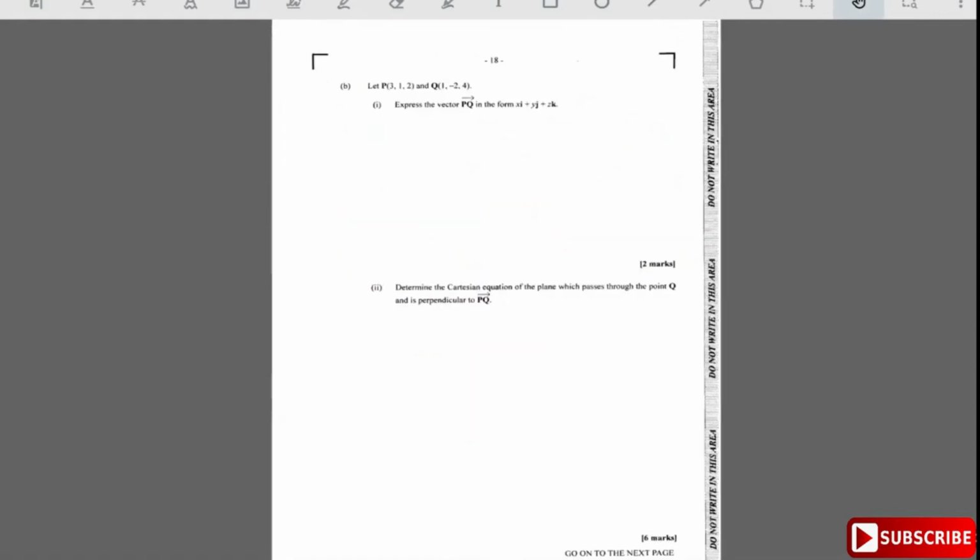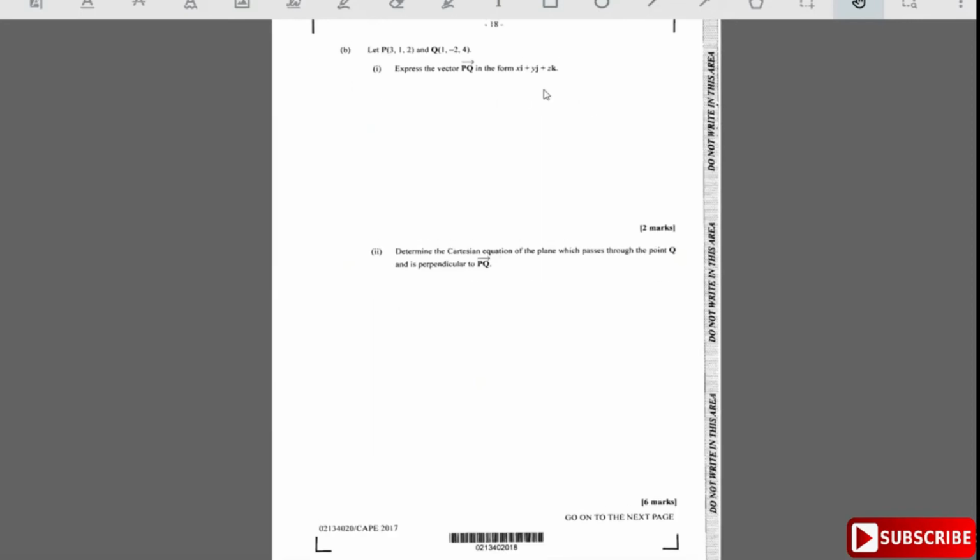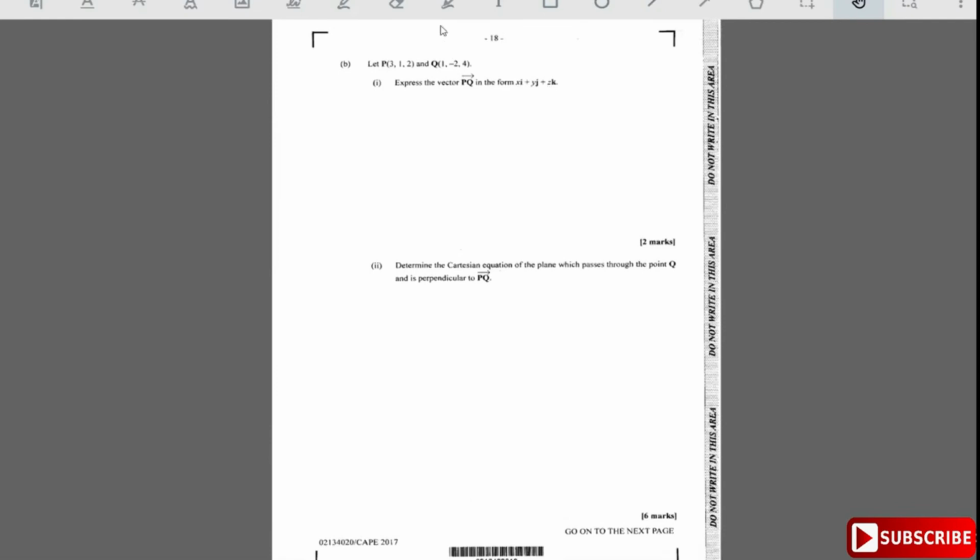Moving right along. Vectors. It says now: Express the vector PQ in the form xi plus yj plus zk. So first thing, vector PQ is equal to vector of the last minus vector of the first.